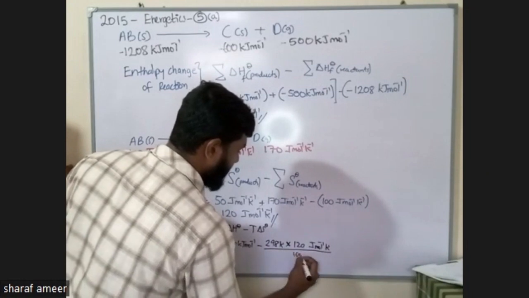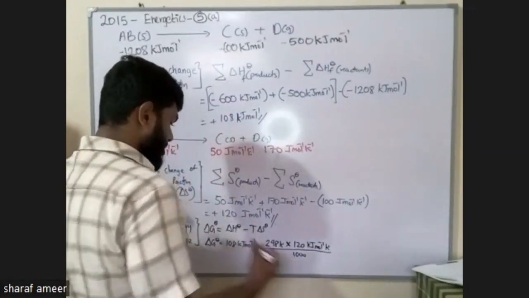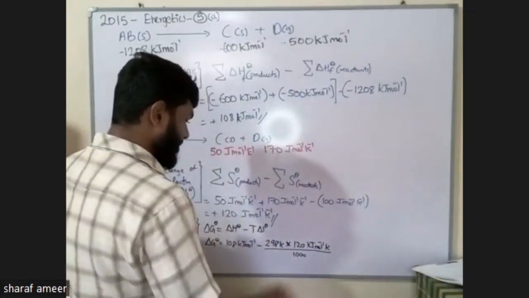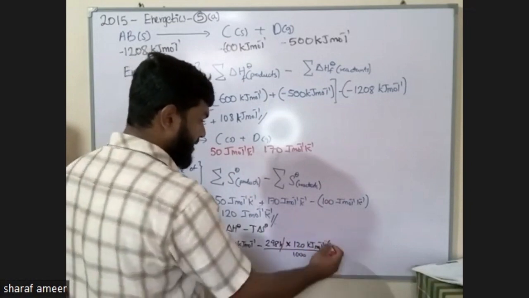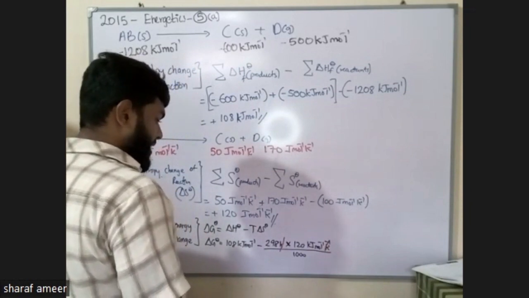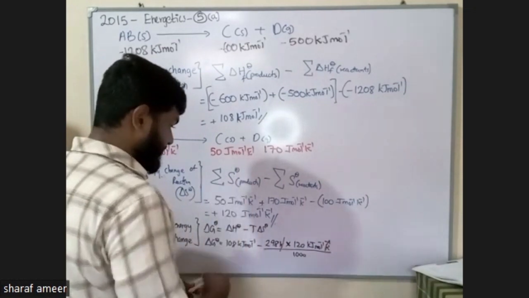If you divide by 1000, you get kilojoule. Here Kelvin per Kelvin gets cancelled, and finally we are remaining with joules here.